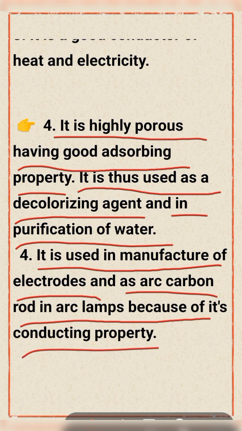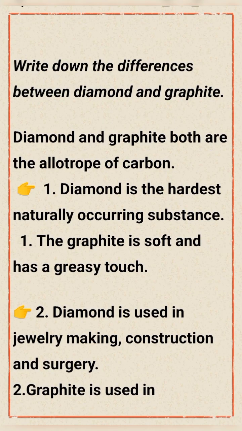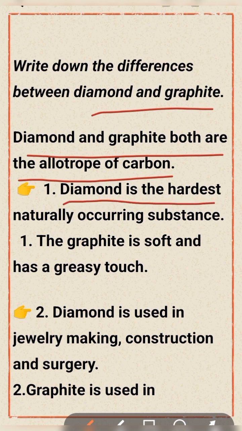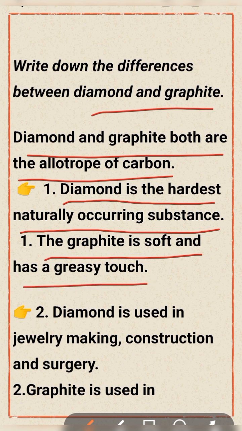Thank you, students. My dear viewers, now the difference between diamond and graphite. Diamond and graphite are both allotropes of carbon. Number 1 point: diamond is the hardest naturally occurring substance, but graphite is soft and has a greasy touch.